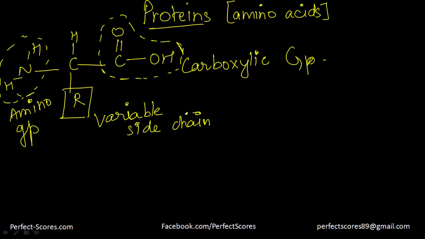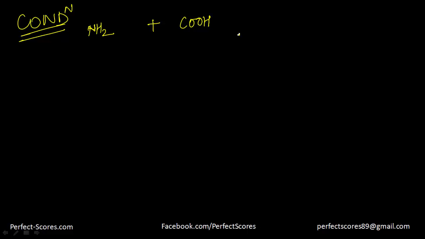Now, just like carbohydrates and lipids, there are condensation and hydrolysis reactions in amino acids and polypeptides. So let's do that. Condensation reaction in case of these amino acids and polypeptides occurs between the amino group of one amino acid and the carboxyl group of the other amino acid.